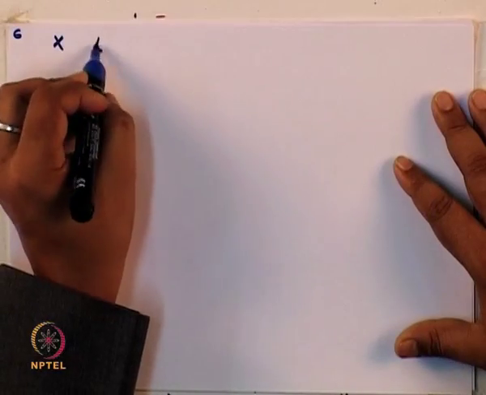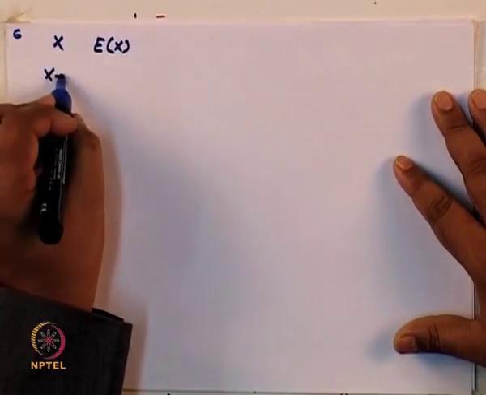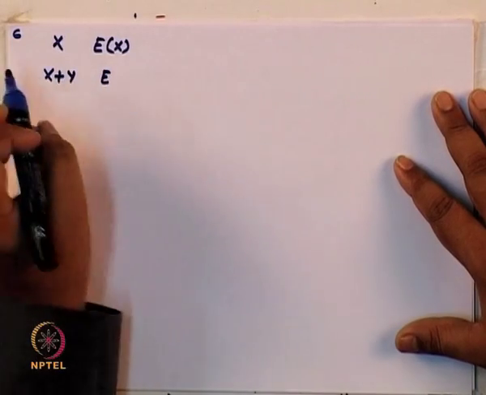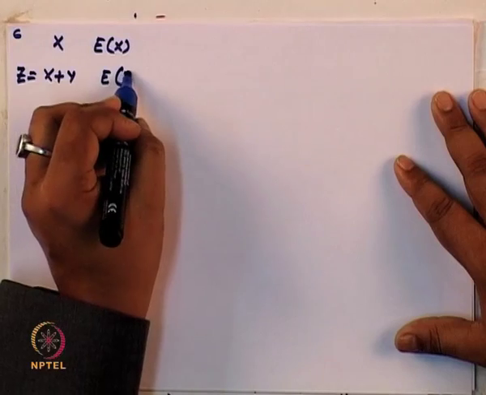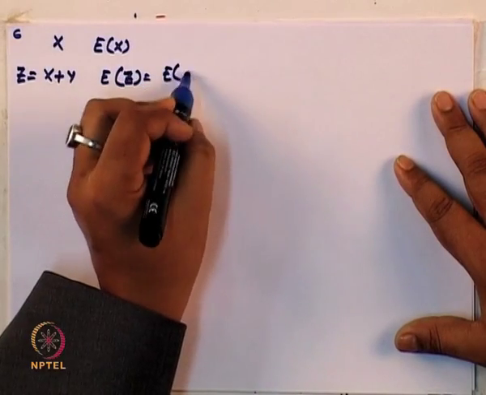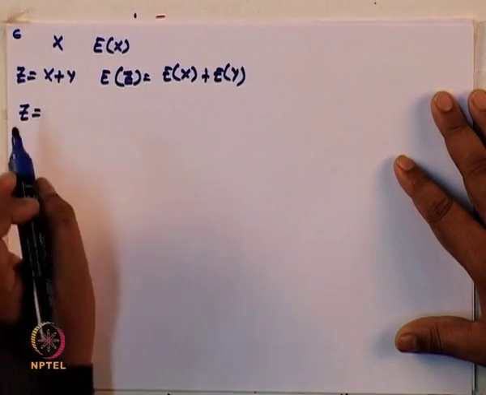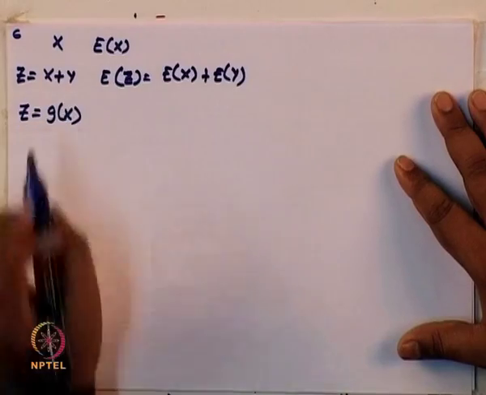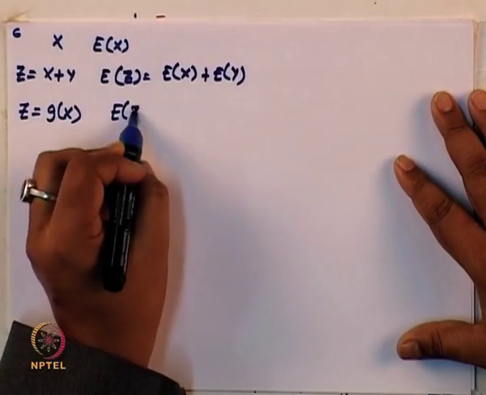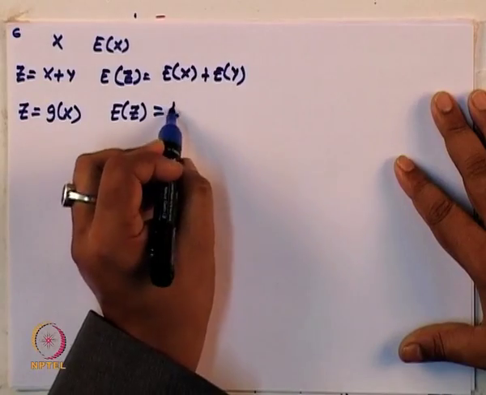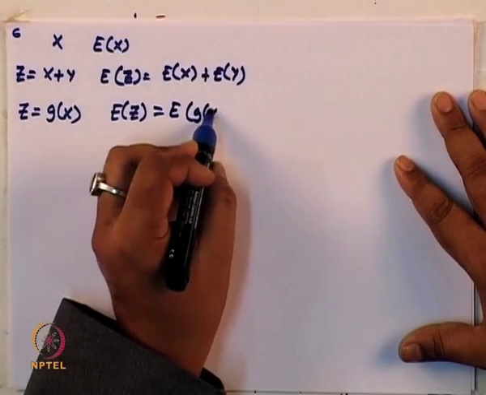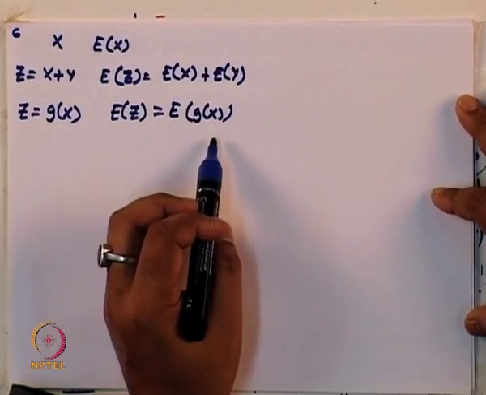Okay. Let's take another example. So, we can generalize. You have X and you can have expectation of X. You have X plus Y, your expectation of Z. So, let us say if you define Z as X plus Y, E of Z is simply E of X plus E of Y. You can define a variable Z as g of X. In that case, E of Z is E of g of X. And what is expectation of g of X?